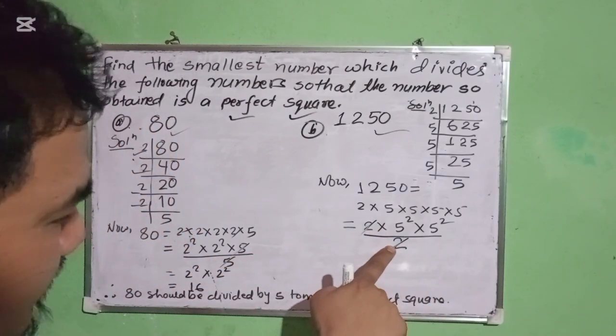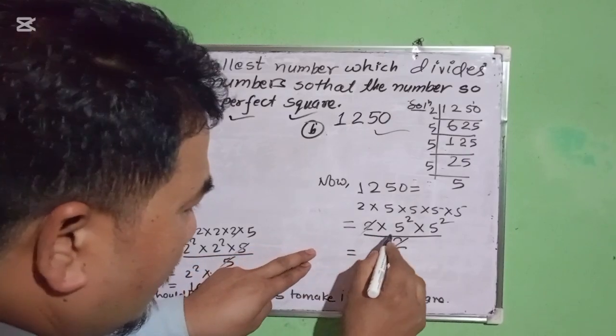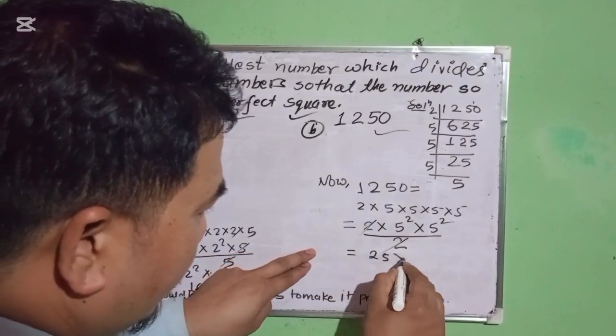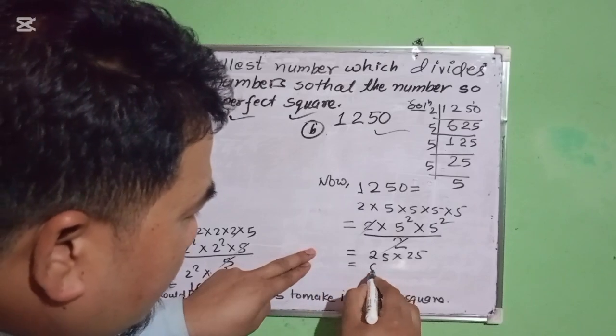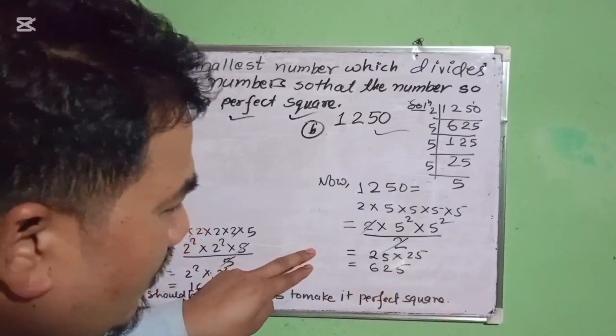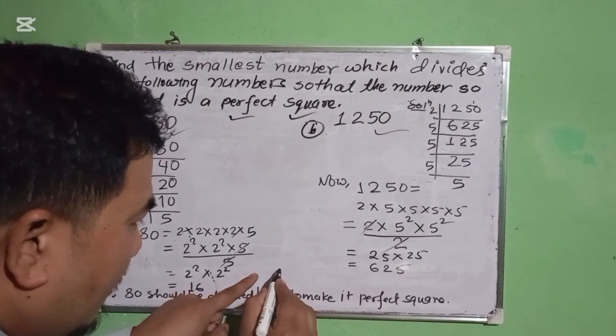Look here students, we divided by 2, the remaining is here now. This is 25 and this is 25, right? And remaining is here now 625. Okay, 25 25s are 625. That's why we have tried here.